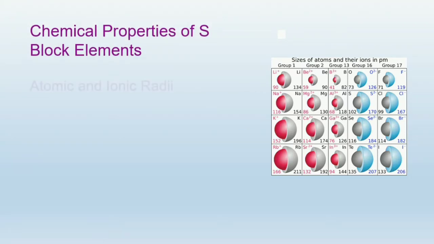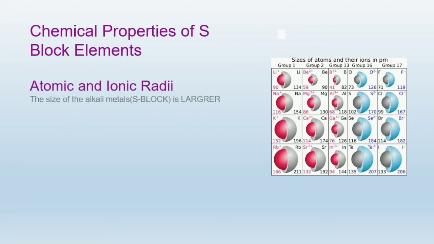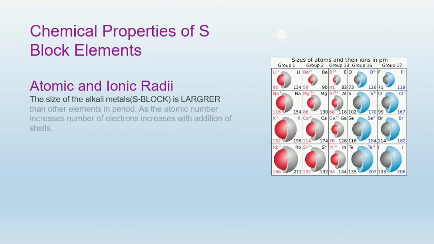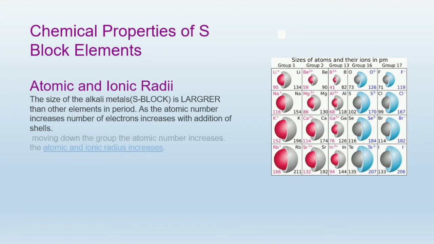So now the chemical properties of S block elements. The atomic and ionic radii. In this, the size of the alkali metal in the S block is larger than other elements in their periods. As the atomic number increases, the number of electrons increases with addition of shells. By moving down the groups, the atomic number increases, and the atomic and ionic radius also increases.